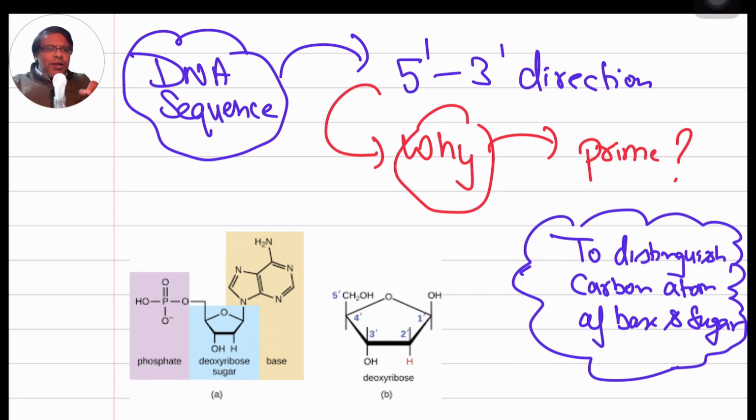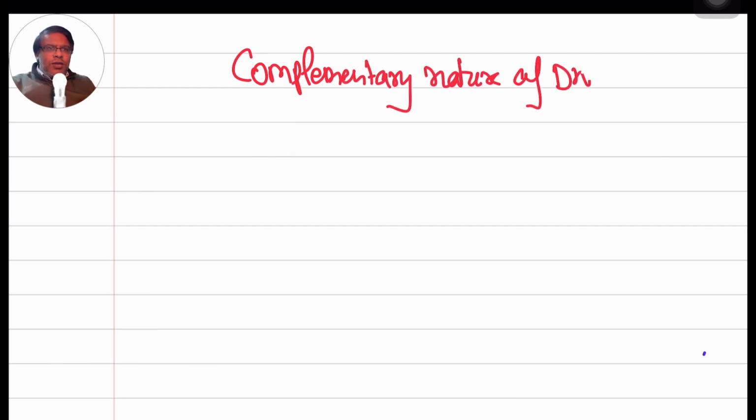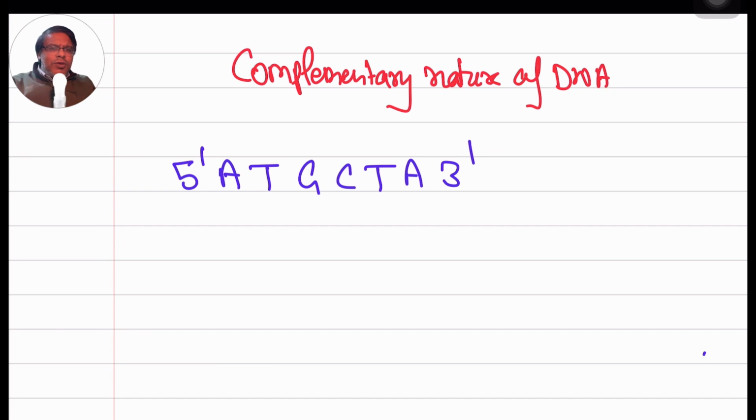It is simple: to distinguish carbon atoms present on base and carbon atoms present on the sugar. Now here I just want to tell you, you must know the complementary nature of DNA. It means if you write one sequence of DNA, let's suppose it is 5' A, T, G, C, T, A 3', you can easily write the other strand.